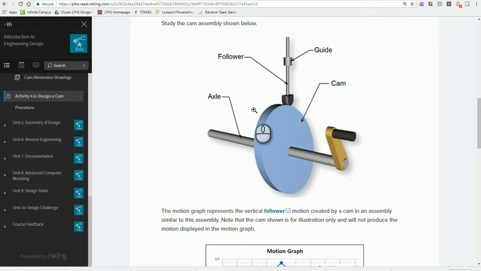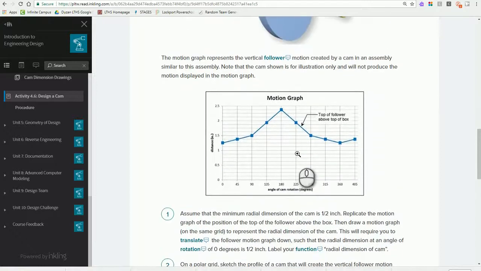Okay, so when we go down, this is the motion graph that PLTW has provided on a custom cam. If you take a look at the graph, we'll see in our y-axis over to the left, we're going to be seeing our distance in inches, and then across the bottom, we're going to be seeing the angle of the cam rotation in degrees. What they have done here is plotted points and connected those points to show us what the actual motion is.